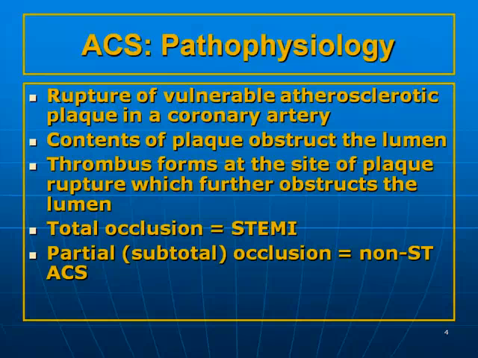And that initiates a process of clot formation. That foreign material, which is part lipid, part other, smooth muscle cells, etc., when it's exposed to blood flowing through the coronary artery, will initiate a process where clot forms.